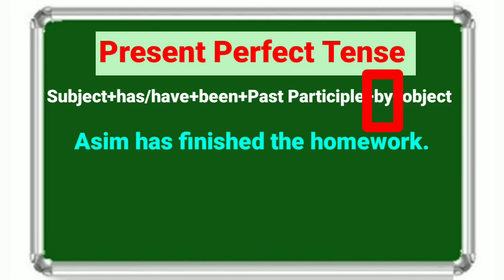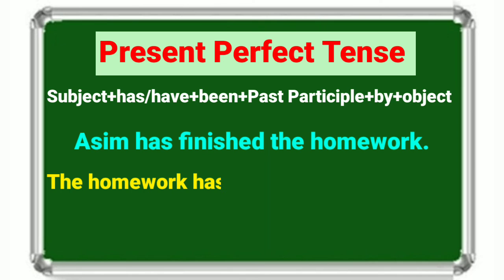After that, the subject of active voice will be taken as the object of the passive voice. So the subject of active voice is Asim, that would be taken as the object of the passive voice. Now the full sentence is the homework has been finished by Asim.